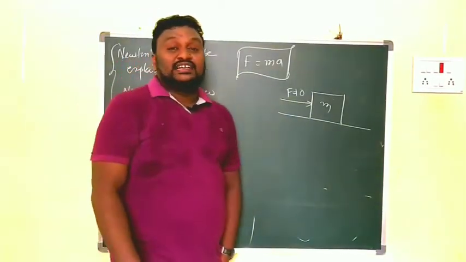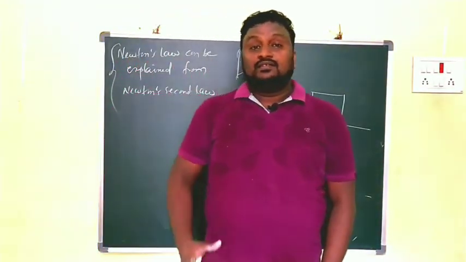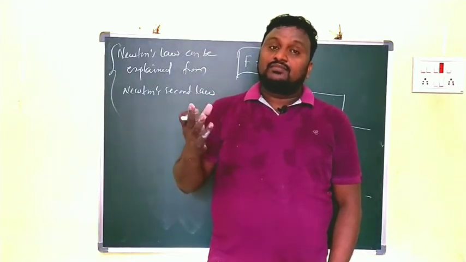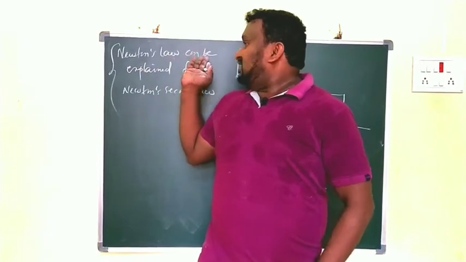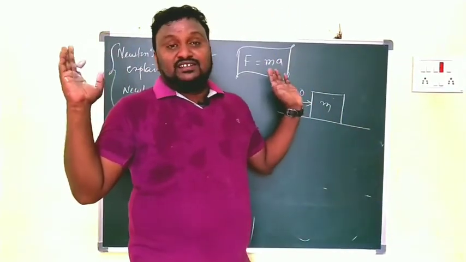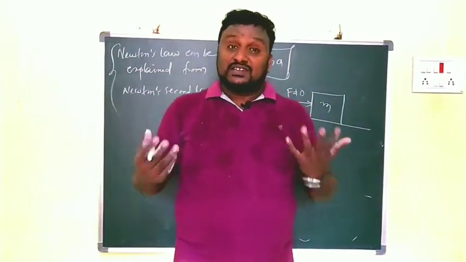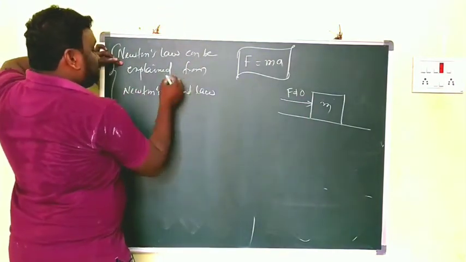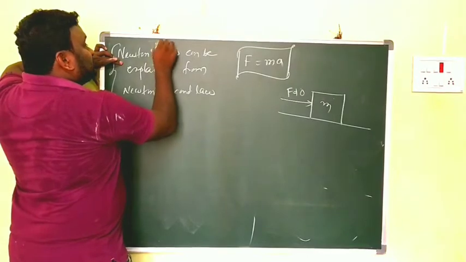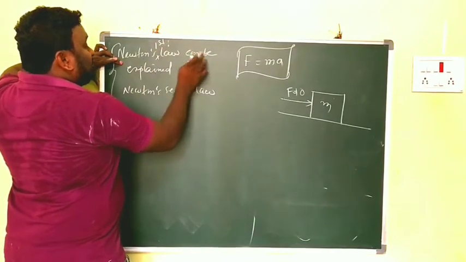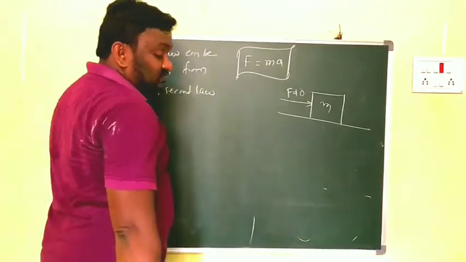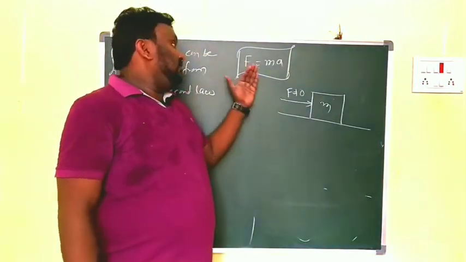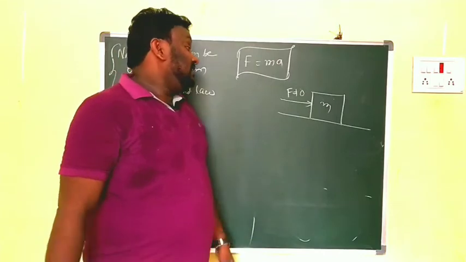From the equation F is equal to ma, I am going to explain Newton's first law. Newton's first law can be explained from Newton's second law. For that, F is equal to ma.